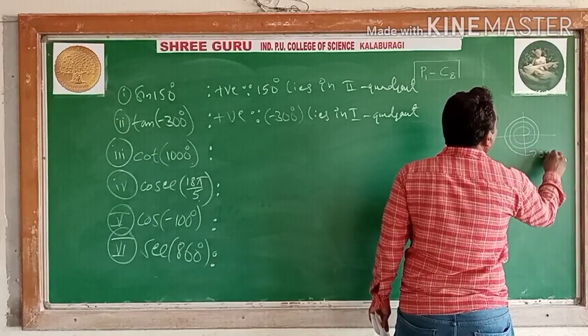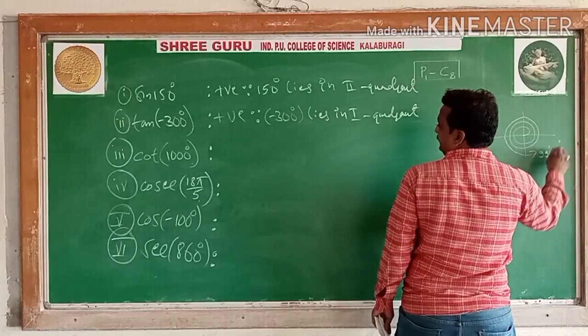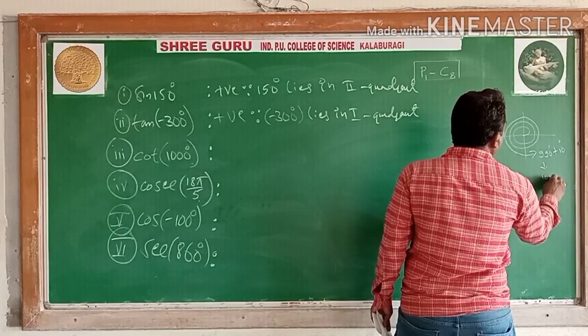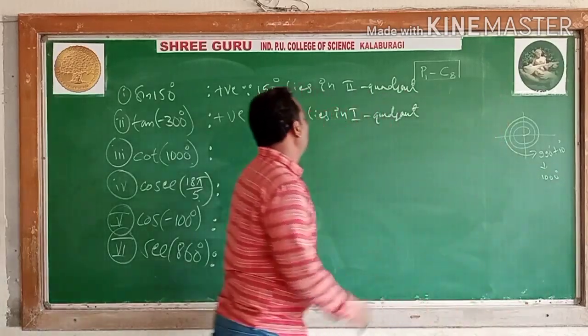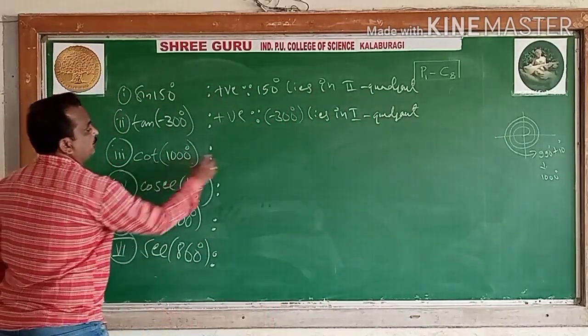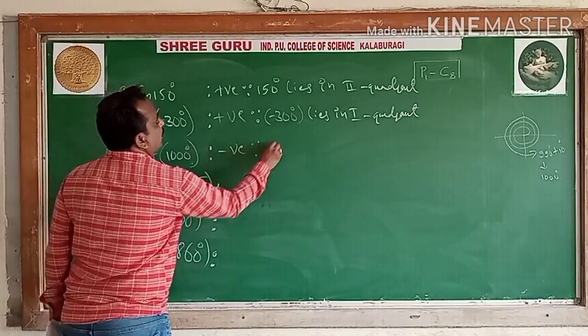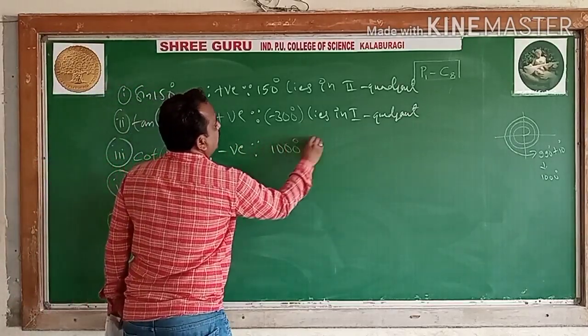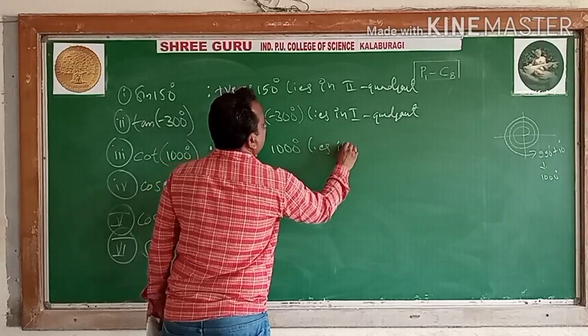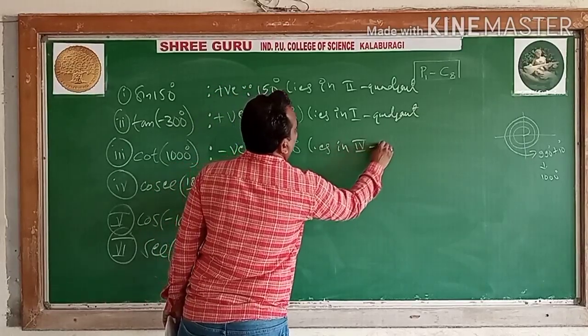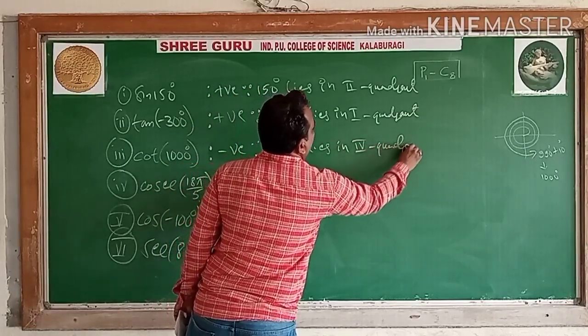So 990 plus 10 is 1000 now. Which quadrant is it? It is in the fourth quadrant. In the fourth quadrant, cos and sec are positive, but it is cot, so it is negative, because 1000 degree lies in which quadrant, students? Fourth quadrant. Clear, all of you, I think?